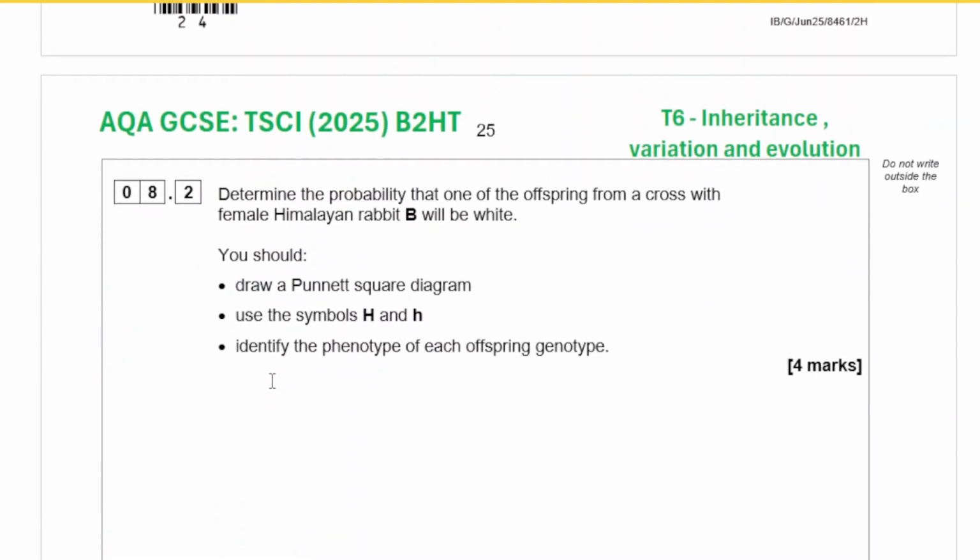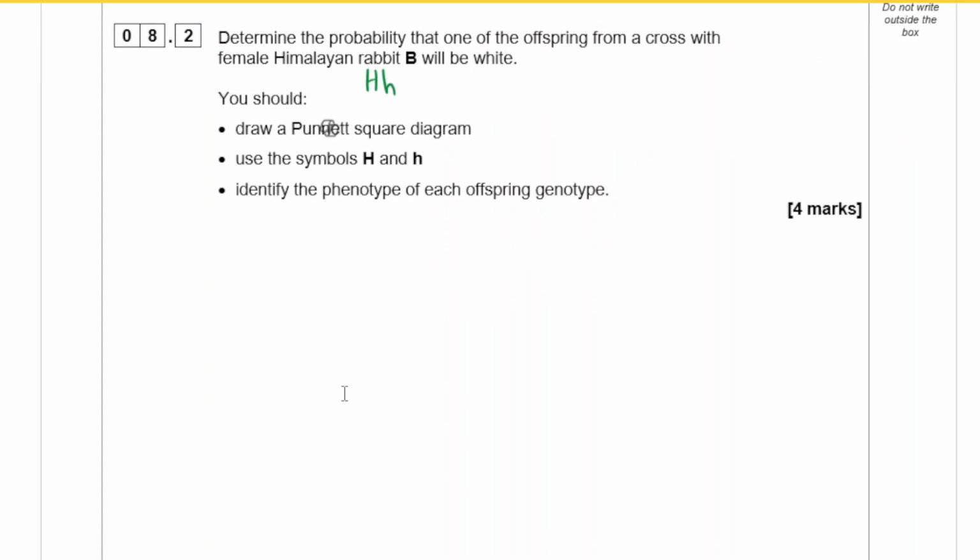Determine the probability that one of the offspring from a cross with female Himalayan rabbit B will be white. So remember, the female Himalayan rabbit B is capital H, lowercase h, not B, lowercase h. Draw a Punnett square.